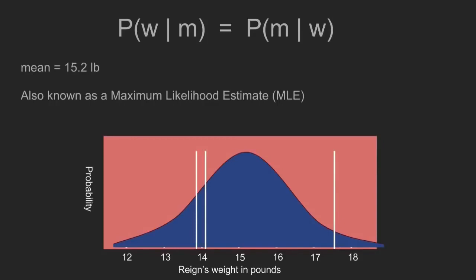This is the likelihood of each of those occurring. And you can see that the maximum likelihood occurs at 15.2 pounds. And this is commonly called the maximum likelihood estimate, where you start with uniform assumptions on your weight. And it just so happens that the standard error on this is exactly what we calculated before.